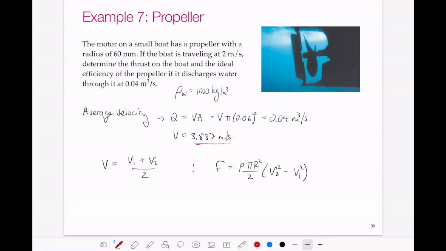We've already applied Bernoulli and our continuity equations, and we got these two equations. Do we know v1 or v2 from the problem? If the boat is traveling at 2 meters per second, then what is the speed of the fluid entering the control volume?